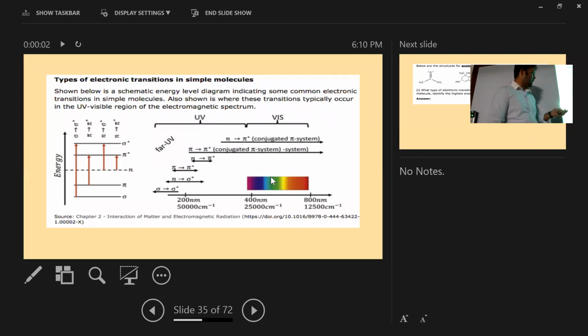That means either sigma to sigma star, or pi to pi star, pi to sigma star, or this n to pi star and to sigma star. Depending on how much energy we are giving and what types of electron the molecule has, we will have different types of excitation.